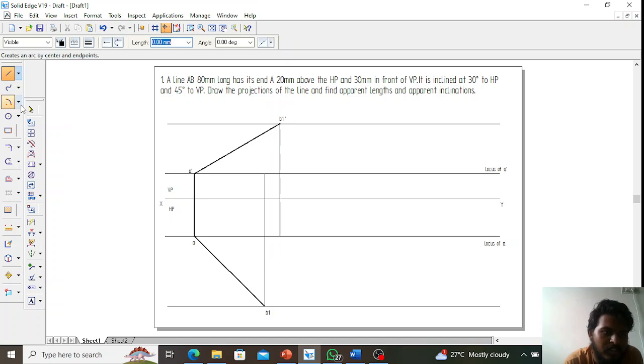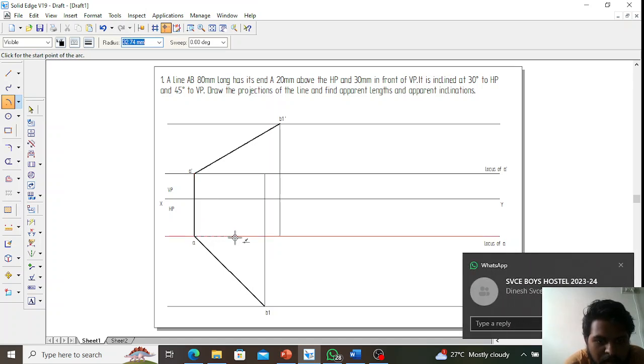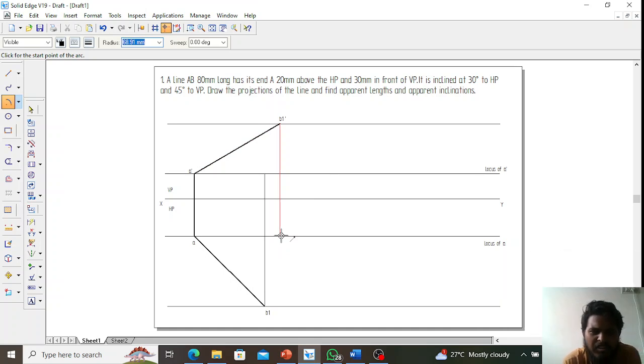Now what we need to do is we will select this option arc by center point. Now we will put this point at A up to B1 dash, this straight line from B1 dash.